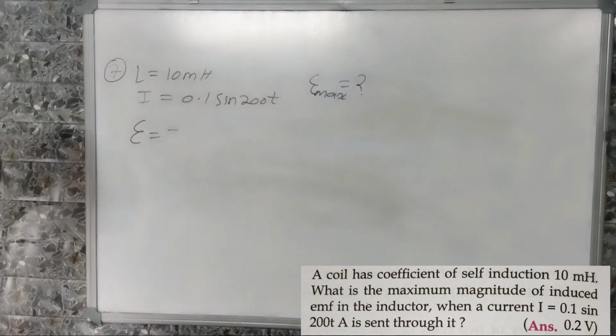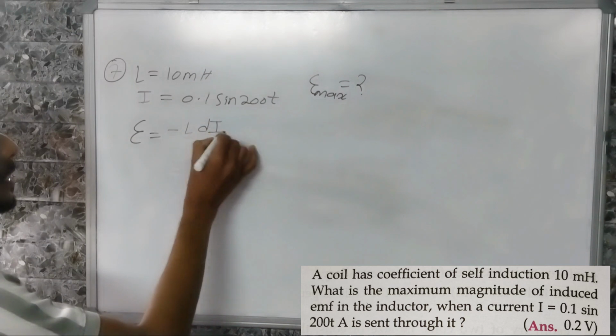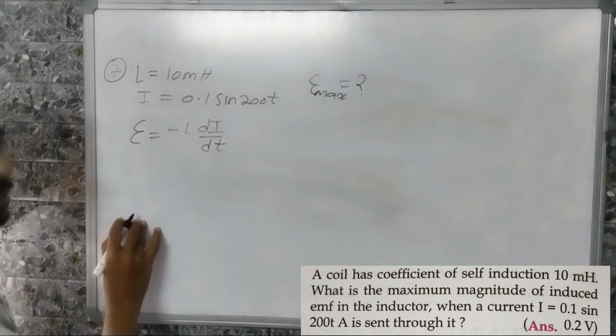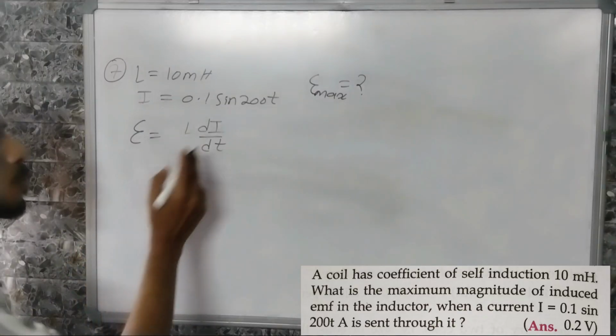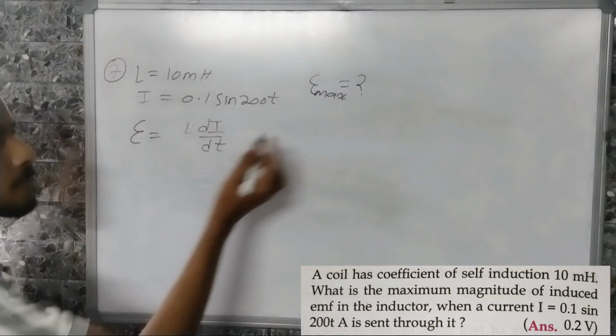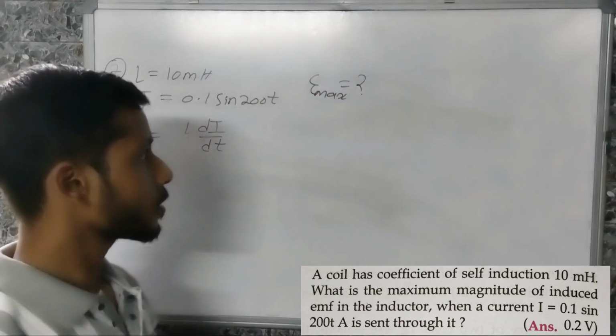E is equal to minus L di by dt. By taking the magnitude, E is equal to L di by dt, because maximum is asked, maximum means we take the magnitude.